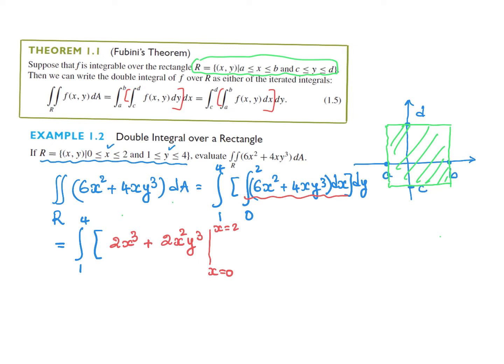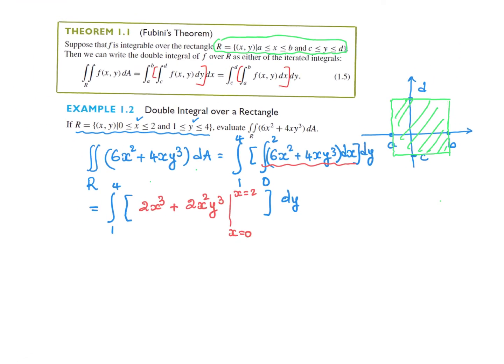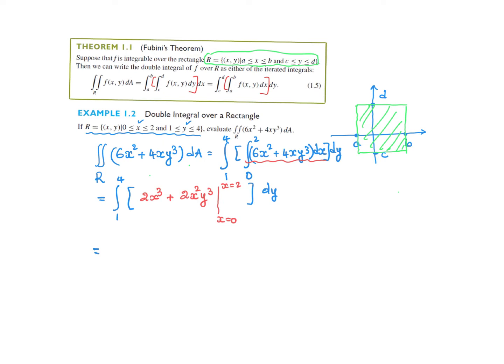And then once we have this answer, we will integrate the result with respect to y. So the next step will be to substitute x equal 2 in this expression. That will give us 16 plus 8y to the power of 3. And the substitution with 0 will give 0, so that's it.